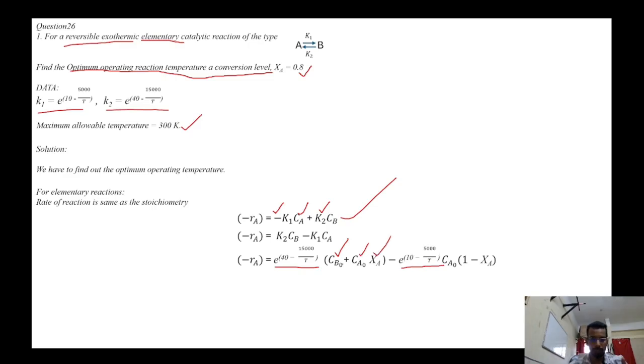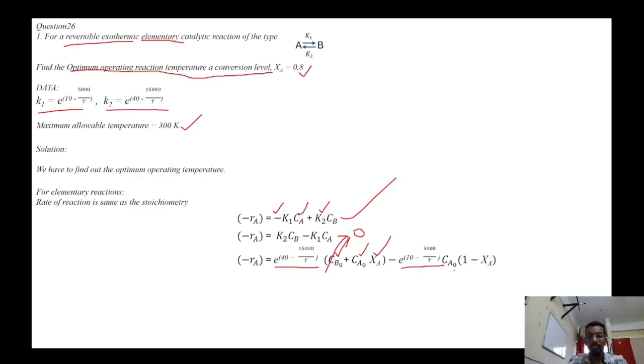But we have Cb naught 0, because we don't have B on the reactant side. We only have A, so Cb naught is 0. Ca naught we have. Without the initial concentration of A, we can't find out how much reaction has completed or how much reactant converted to product. Then the conversion we have is 0.8.